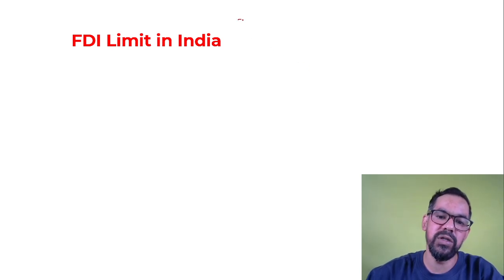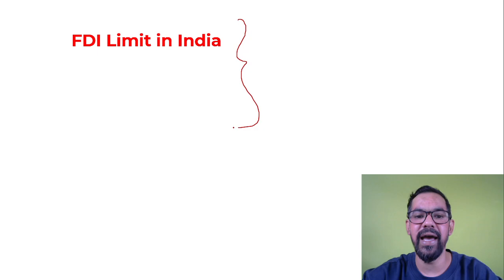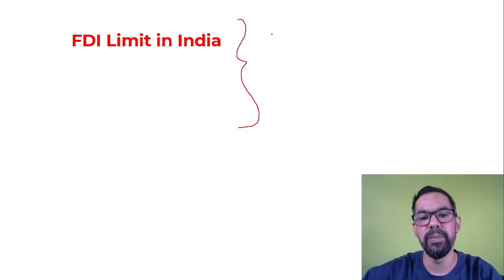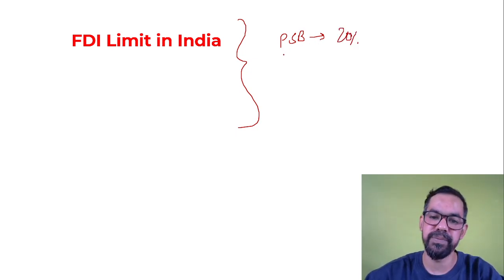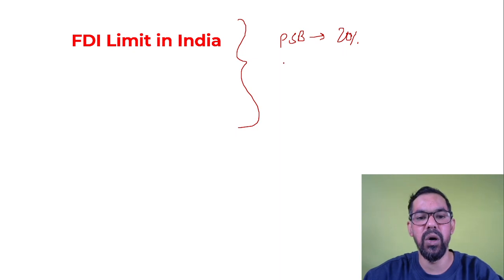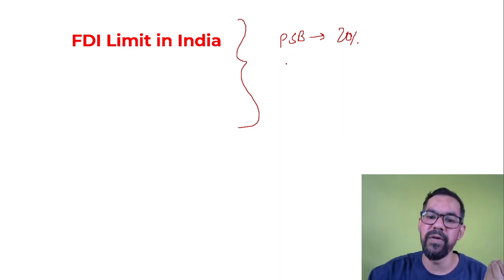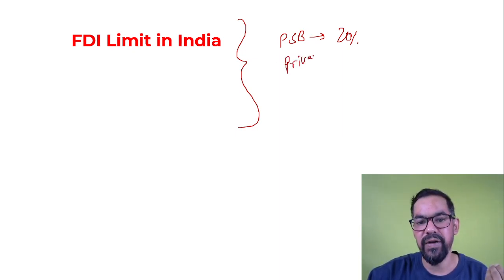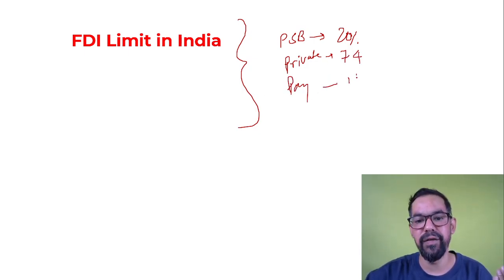Okay, FDI limit in India. Now what is the limit? In every business we have a different type of limit. As I told you, in case of public sector bank, the maximum FDI ceiling is 20%. In case of multiple brands or shopping malls, we have 51%. In case of private bank, we have 74%. In case of payment bank, we have 74%.